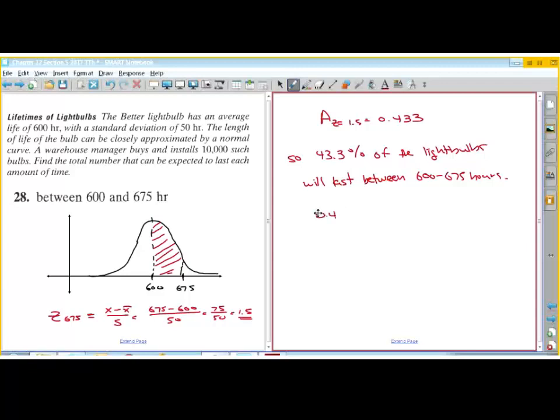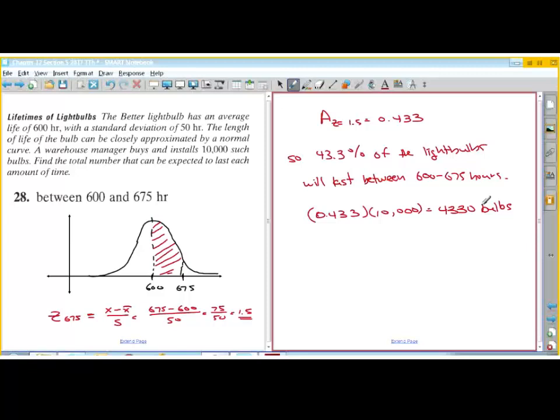Or if you take the decimal equivalent, 0.433 times the number of light bulbs, 10,000, that's going to give you 4,330 bulbs. So out of the 10,000, 4,330 bulbs will last between 600 and 675 hours.